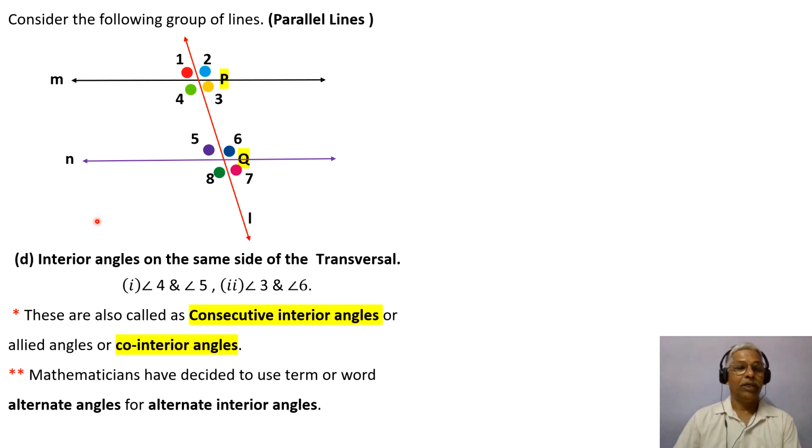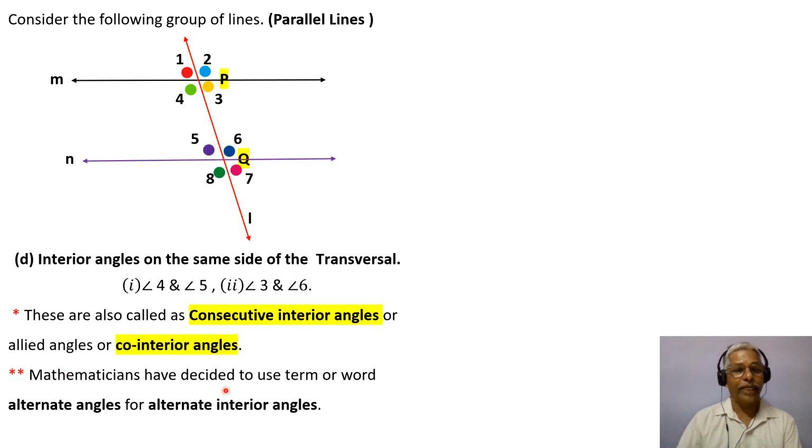Look at this. These are two parallel lines, and this is a transversal L. So D, we have seen this earlier, interior angles on the same side of the transversal, which are the pairs 4 and 5, 3 and 6. These are also called consecutive interior angles, allied angles or co-interior angles.